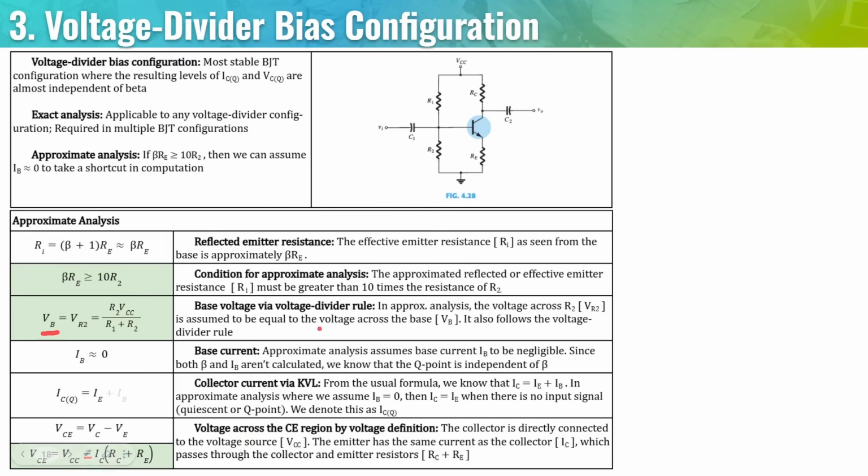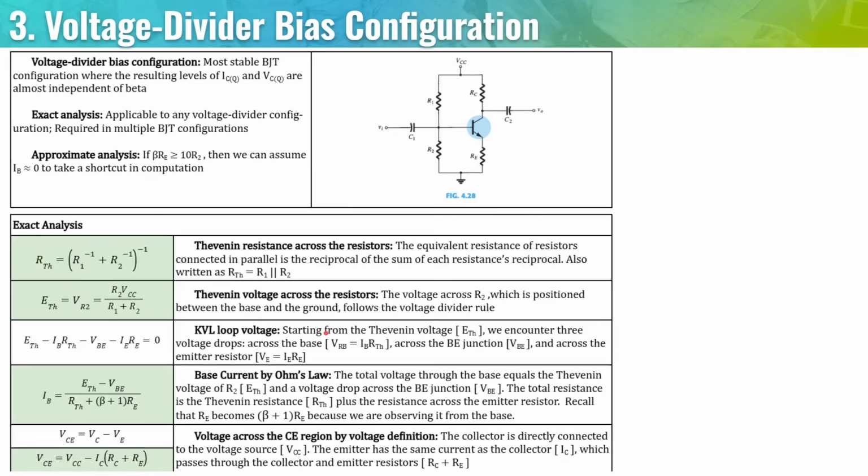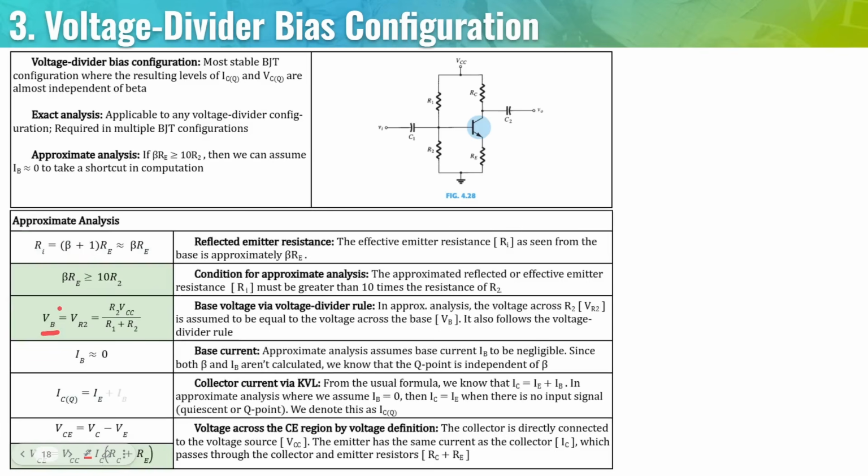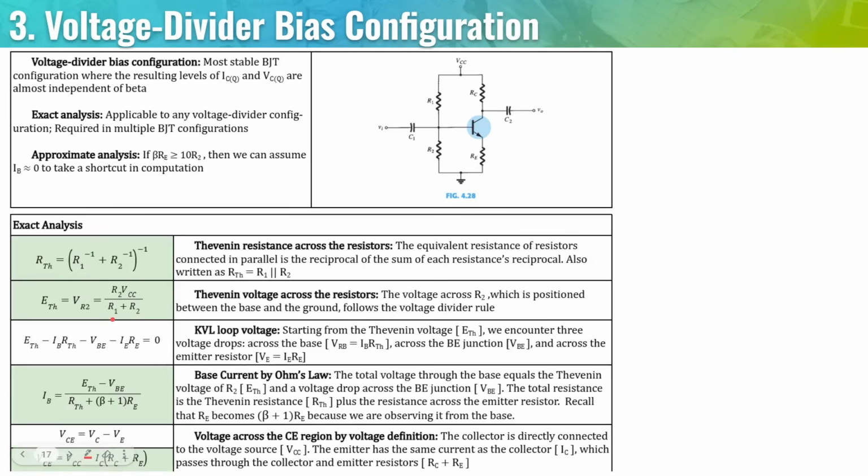So what changed? Earlier, we have VB is equal to, okay, so we did not have a direct value for VB. But as you can see here, I said earlier that VRB and VB are not the same. However, see here. So ETH, let's say ETH comes before the resistor.